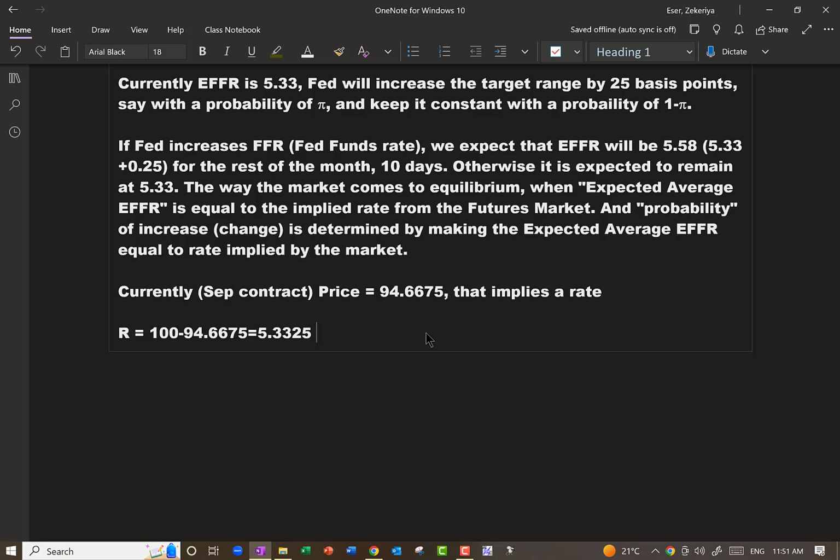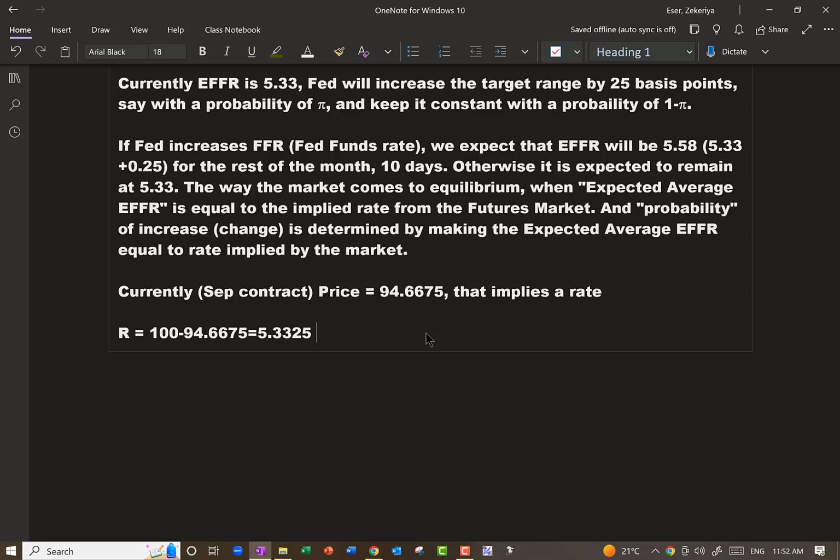You can pretty much, just looking at that, see what the market thinks. What do you think? Is the market attaching a high probability of an increase based on that? It's not much. It's only a quarter basis point above where it is now. That's for the average.